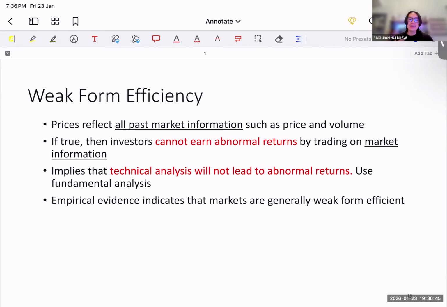Now, in this sense, if we do data analysis, which is using charts, looking at the fluctuation or the movement of the stock price and the volume that's being traded, then in a weak form, because the market incorporates most of the past market information, using technical analysis will not give you good returns or abnormal returns, right?